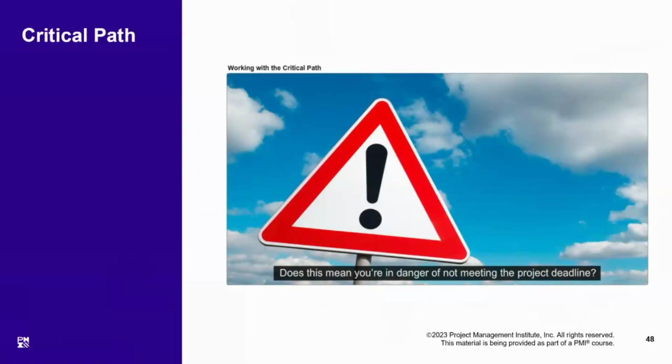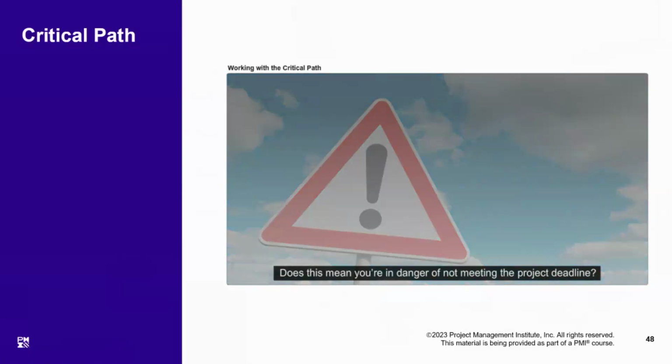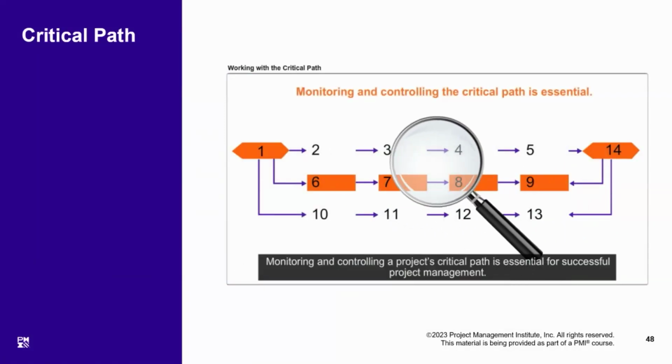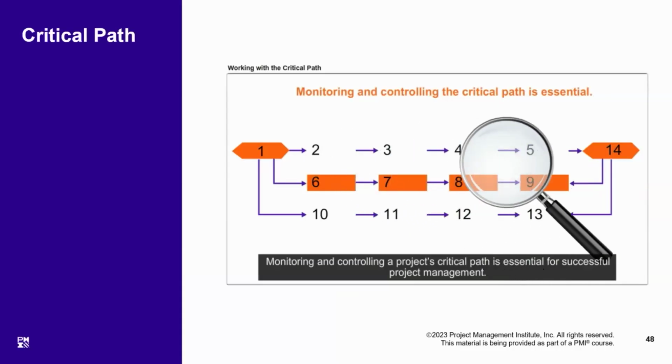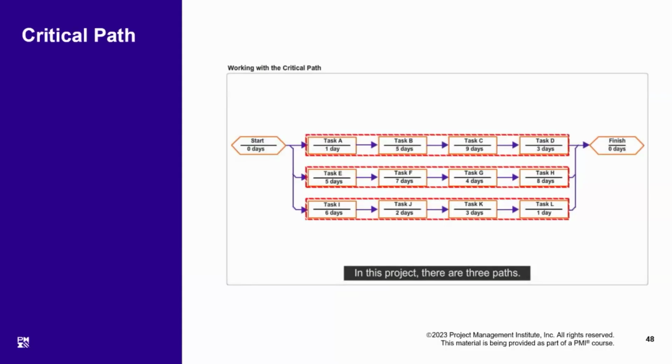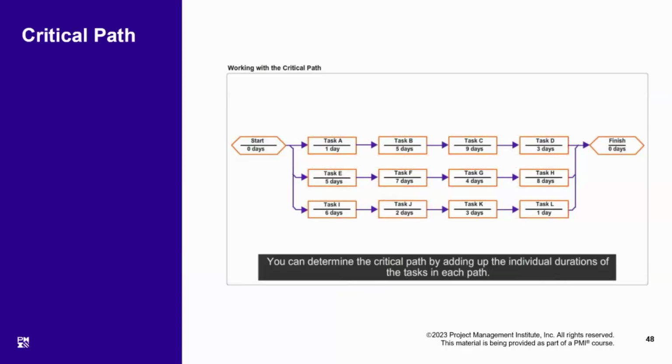Does this mean you're in danger of not meeting the project deadline? The answer depends on whether or not Emily's task lies on the project's critical path. Monitoring and controlling a project's critical path is essential for successful project management. In this project, there are 3 paths. You can determine the critical path by adding up the individual durations of the tasks in each path.